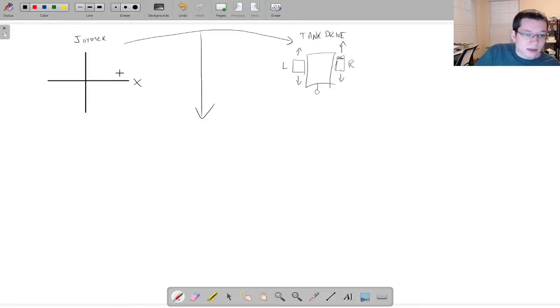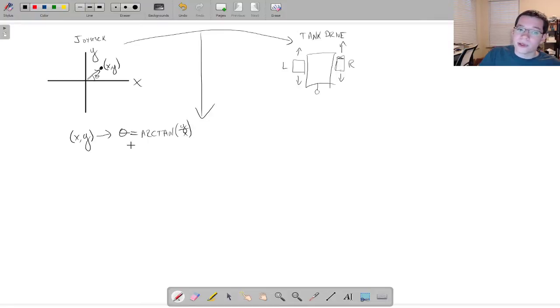So if we call this X and this Y, and this point is at X, Y, we can start to do some things. Because this, if I can draw it, looks like a vector. And so that vector is just X, Y. So the angle equals the arctangent of y over x.